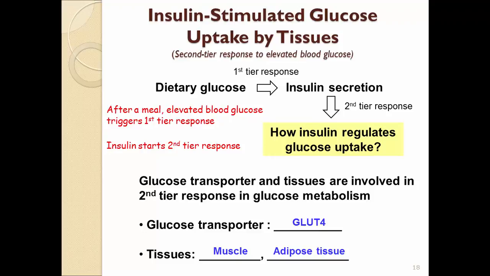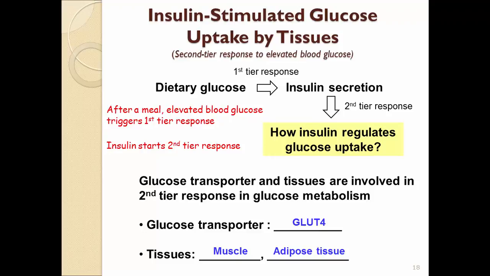And we also know in the fed condition, our body responds to increased blood glucose level after a meal with two levels of response, right? The first tier response is that increased blood glucose level stimulates insulin secretion by beta cells in the pancreas. The second tier response is the response to insulin action, right?